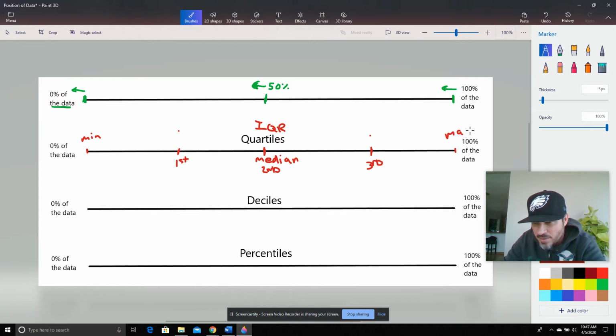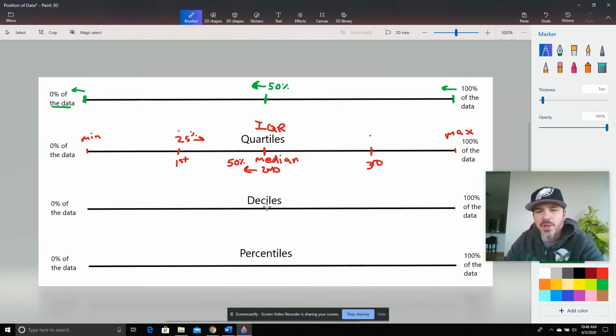So we're used to this quartile thing, but it's actually telling us where we're at in the positioning. If we're in the second quartile, then we're somewhere in the lower 50% of our data, but definitely above the 25% mark. So it's telling us where we stand.